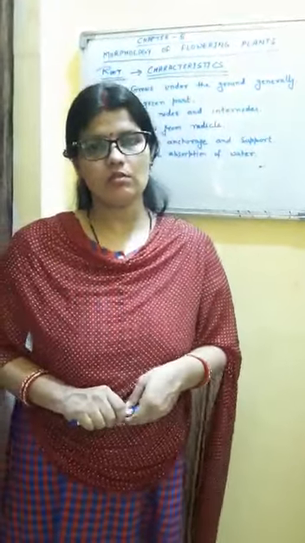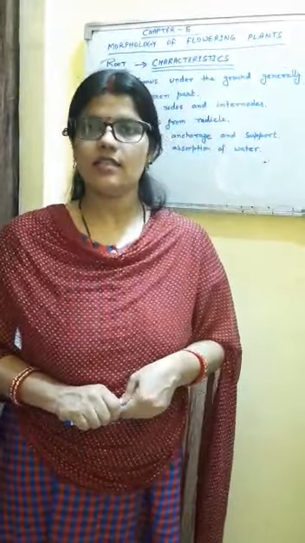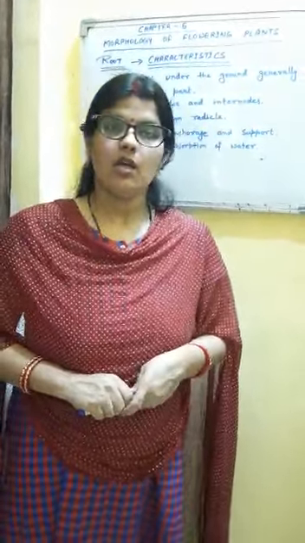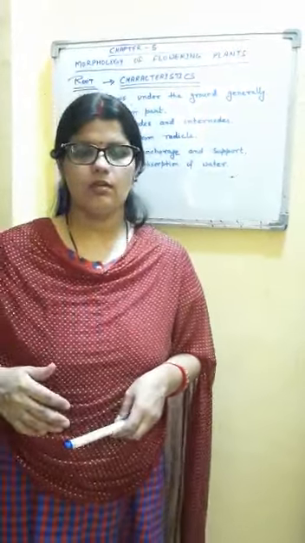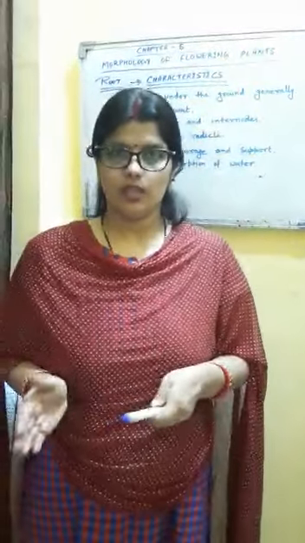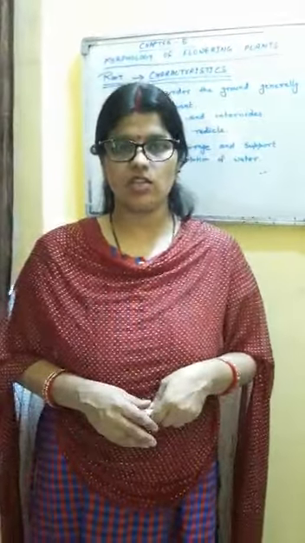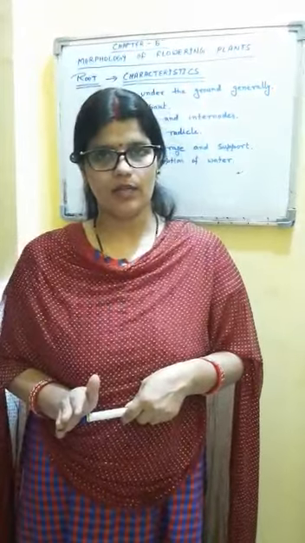Sometimes and at some stages of life, stem also contains chlorophyll and that's why it is green in color. But roots never contain chlorophyll. Some exceptions are there obviously, that we will study in the section on modification of root. But in general cases, roots lack chlorophyll and hence these are the non-green part of the plant.